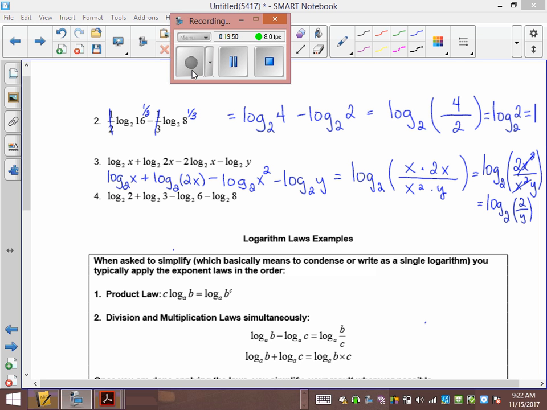They could expand it back out again, right? So they could go log 2 to the 2 minus log 2 to the y and give you 1 minus log 2 to the y as your answer. Right? They could keep going.